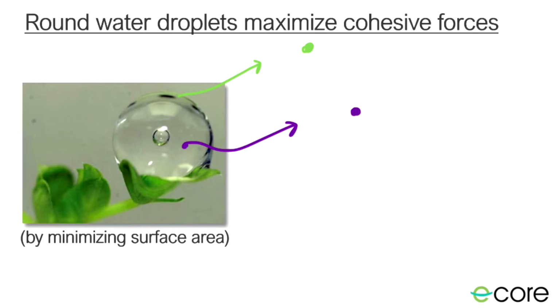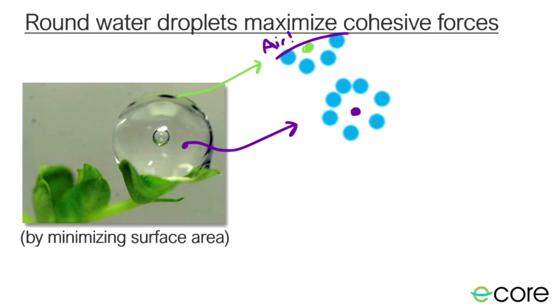The purple one in the center of the droplet can have dots all the way around it, okay? Whereas the green one, because the air is there, can only have them about halfway around it, right? And that's because right here, there's air, right? So we have air at the surface of that droplet, and that minimizes the number of water molecules that my green water molecule can interact with.